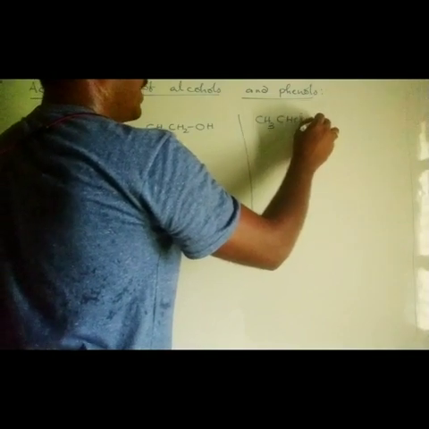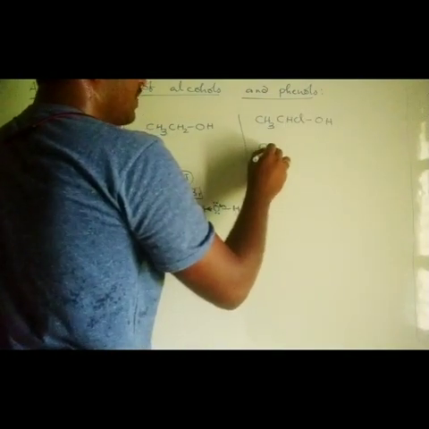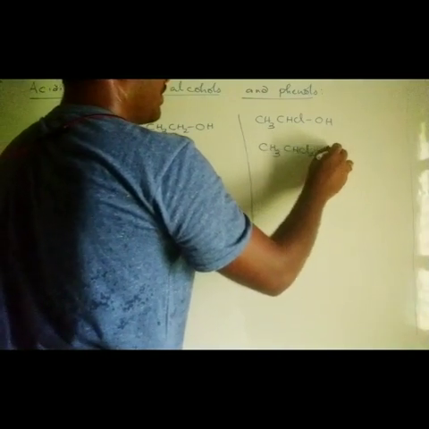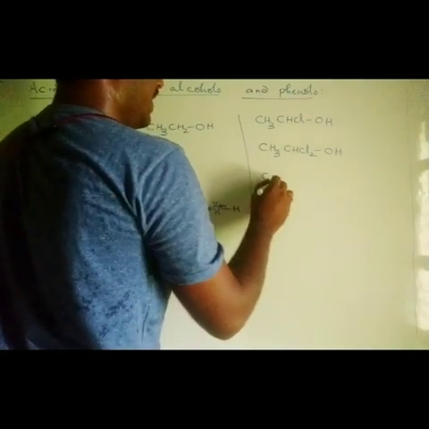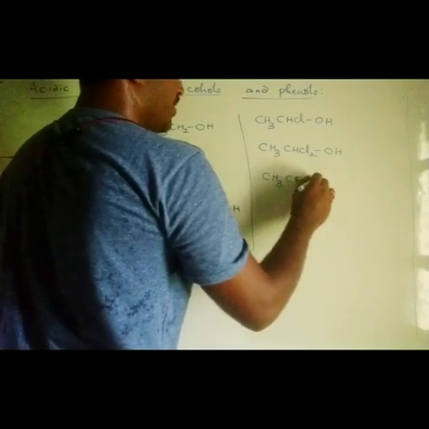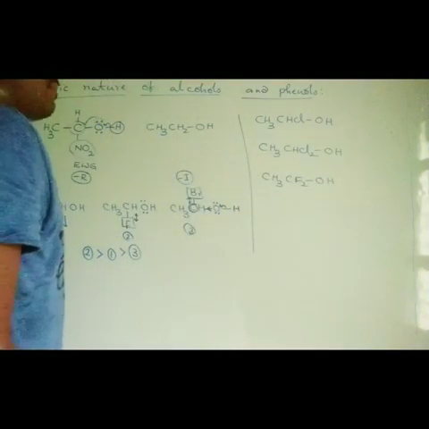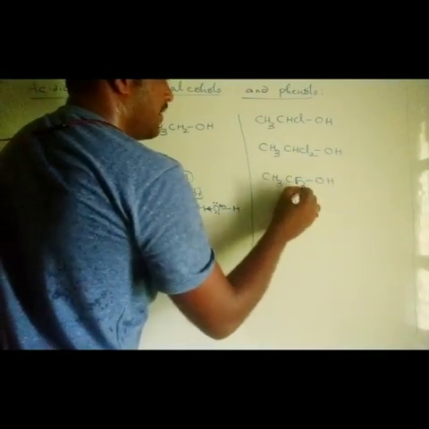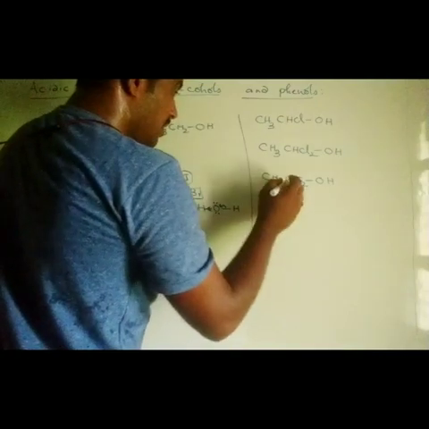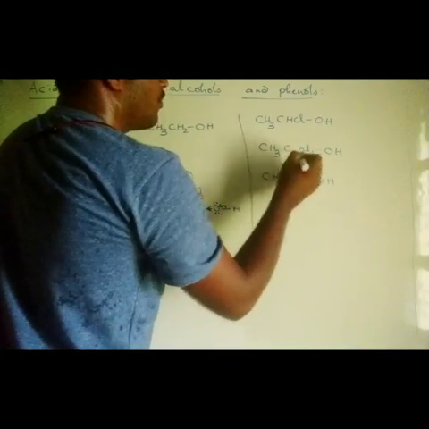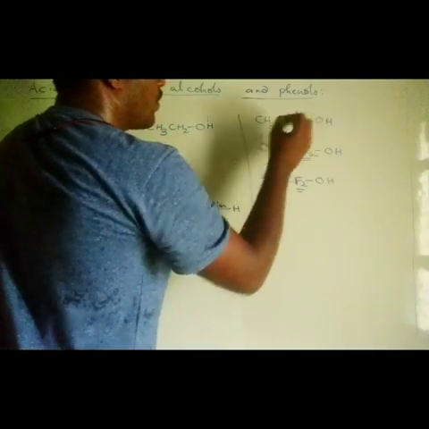If I go for one more example, I'm taking CH3CHClOH, CH3CCl2OH, and CH3CF2OH. I have three compounds here, among which the OH linked carbon in one has 2 fluorine atoms, another has 2 chlorine atoms, and the other has only 1 chlorine atom.